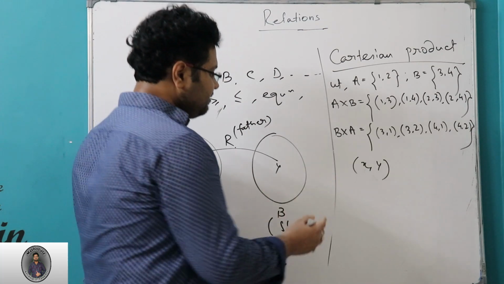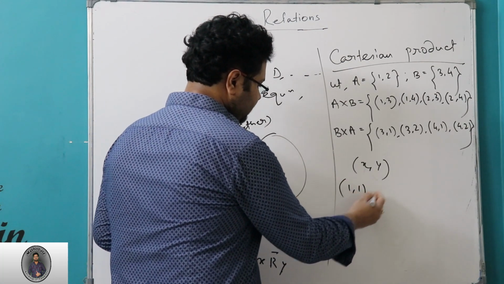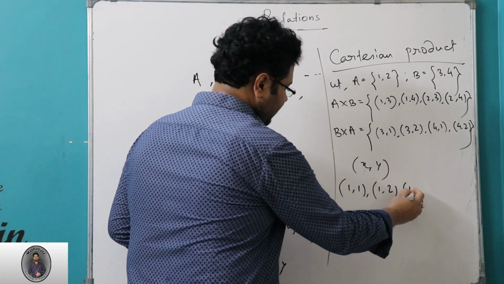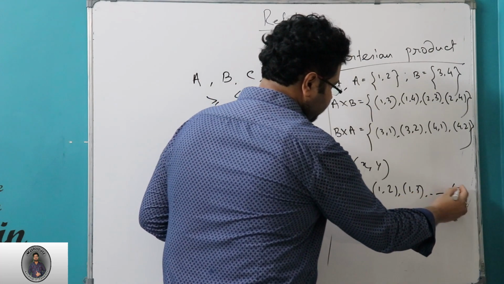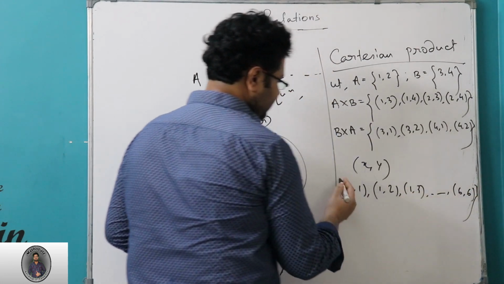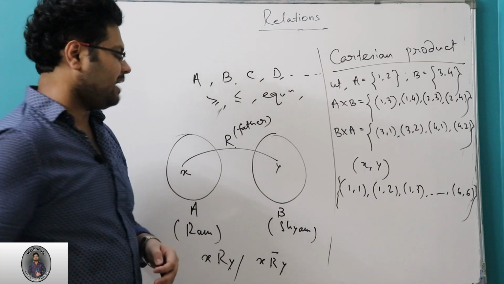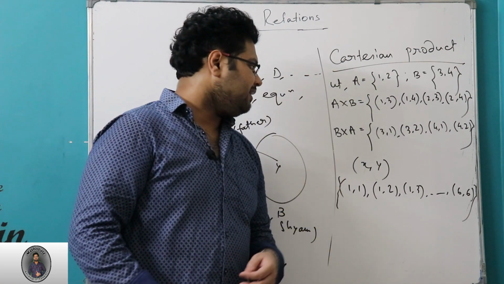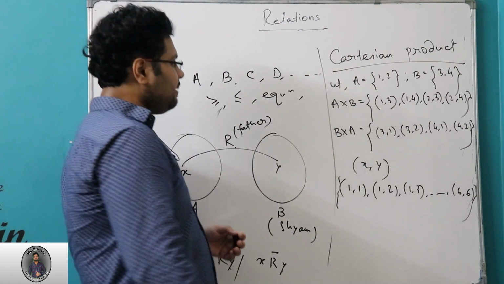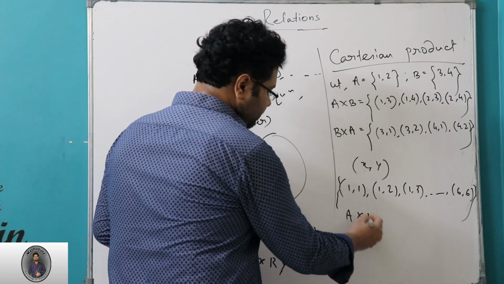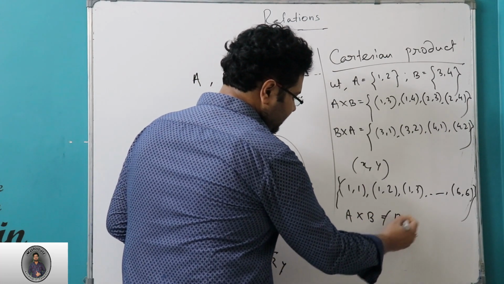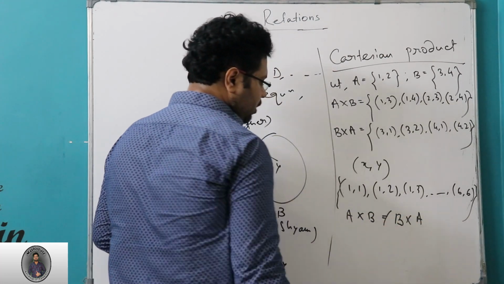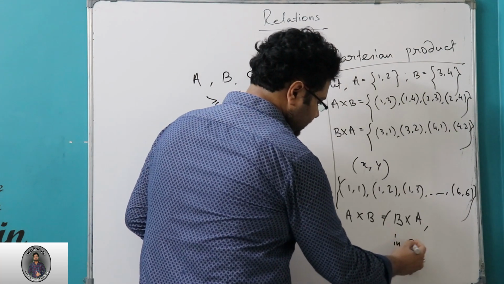You wrote the points as (1, 1), (1, 2), (1, 3) and so on up to (6, 6), a total of 36 points. So it is clear from that example that A cross B and B cross A are not equal in general.